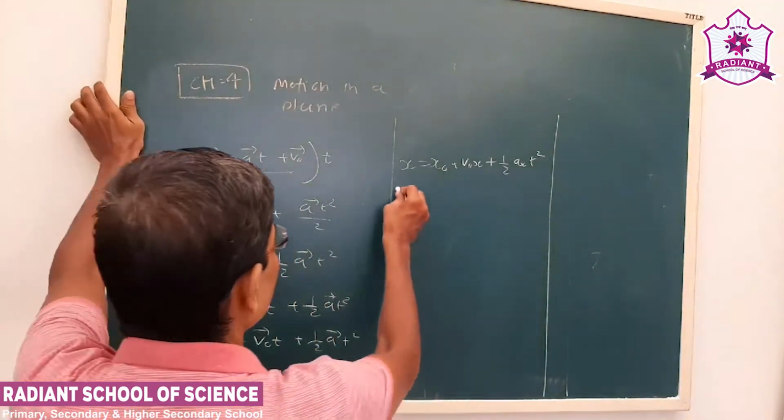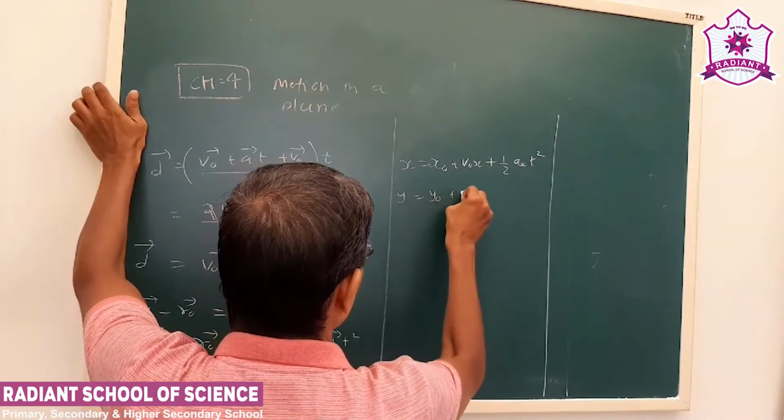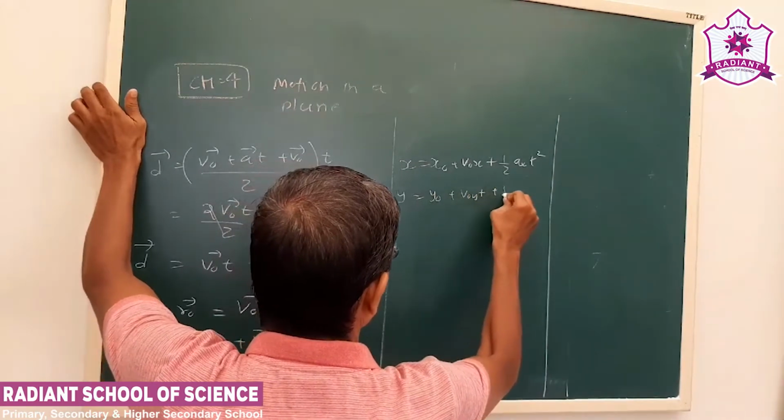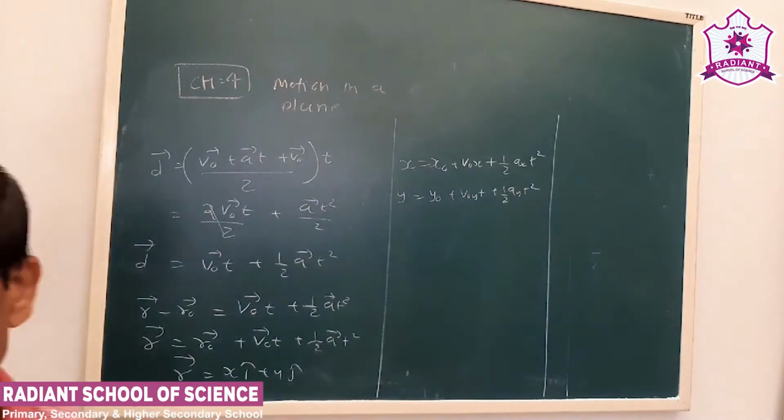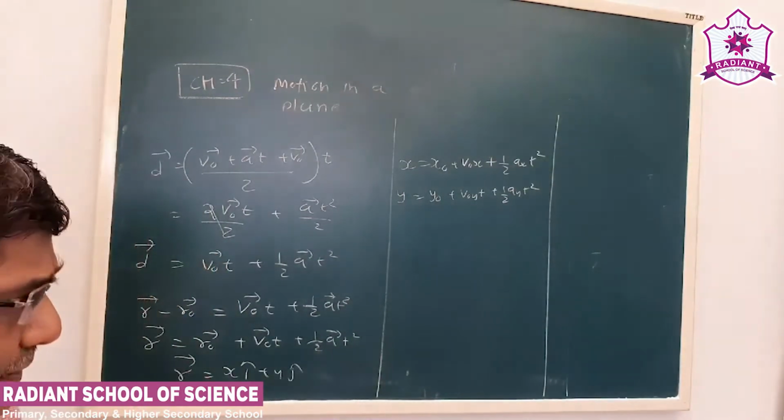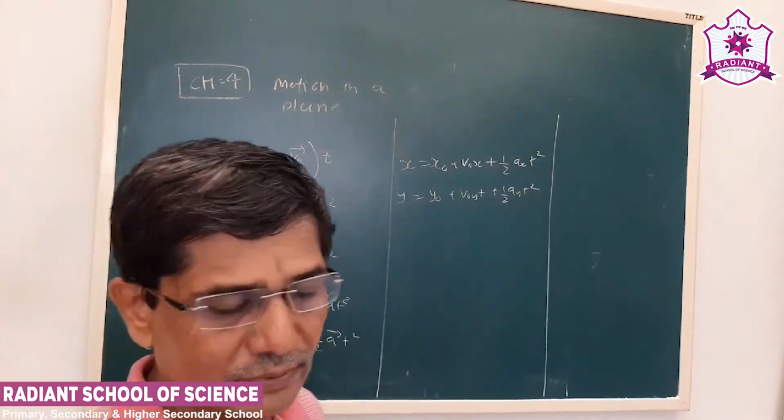Similarly, we can write y is equal to y0 plus v0y t plus 1 by 2 ay t square. This is how we can represent the x and y components of the displacement.